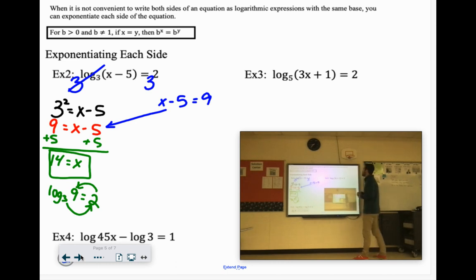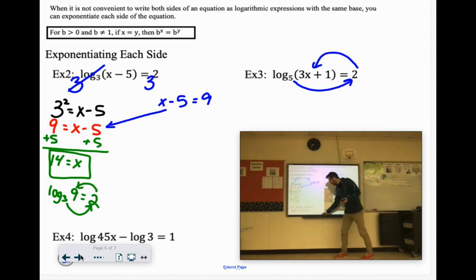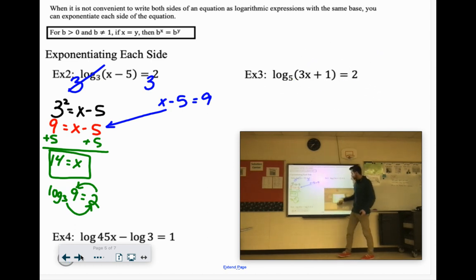So here we have log sub 5, 3x plus 1 equals 2. Again, you could set up 5 to the second power equals 3x plus 1, but the way the book would have you do it is give them both a base of 5, and then you can use your exponent property, 5 to the exponent log sub 5.